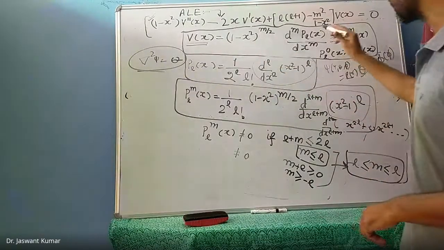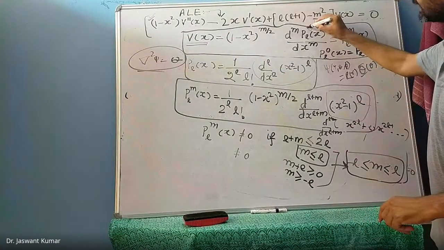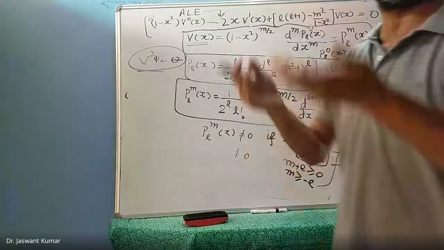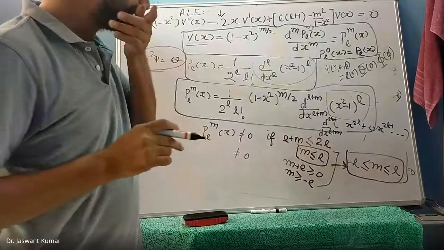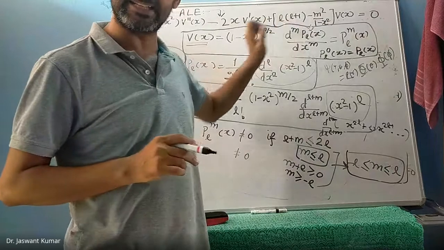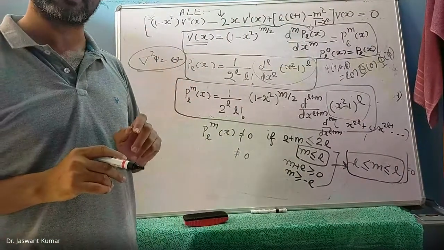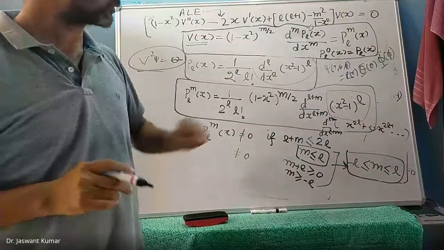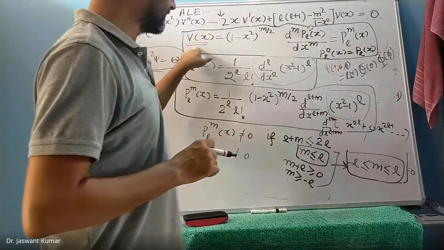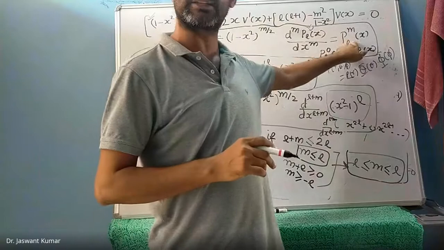We have found its solution in terms of PL of x, and about PL of x we have a lot of idea. We know what its generating function is, and what the Rodrigues relation it follows is. So similarly we can get all the idea about PLM of x.